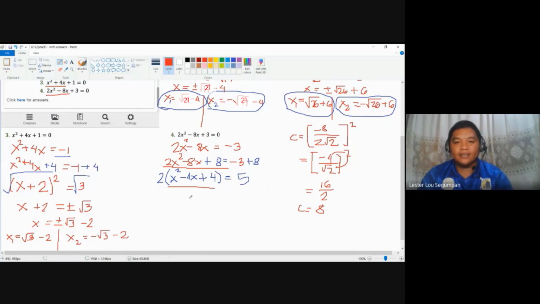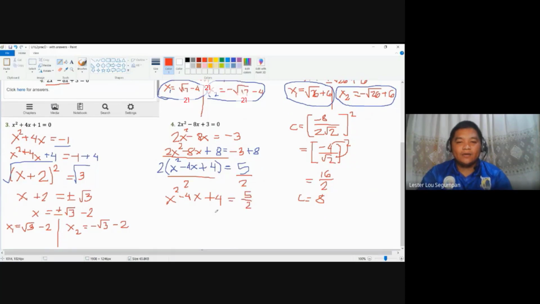This one is. So we still need to divide both sides by 2 so that we could actually retain this. So we have x squared minus 4x plus 4 is equal to a fraction form, 5 halves. Right?